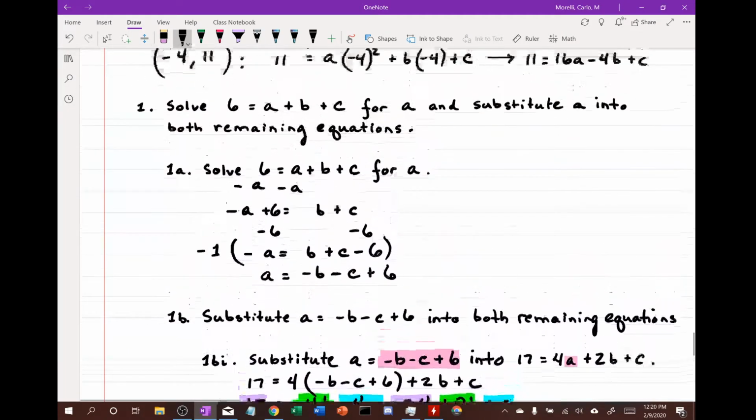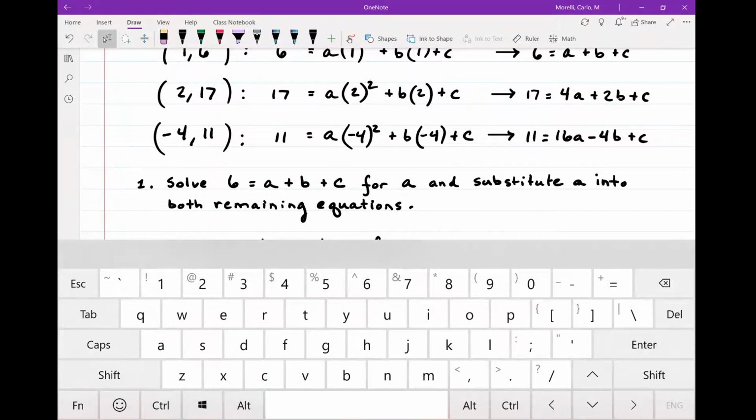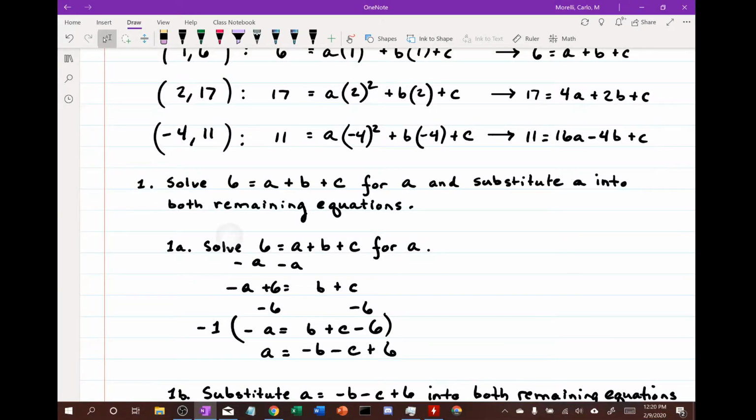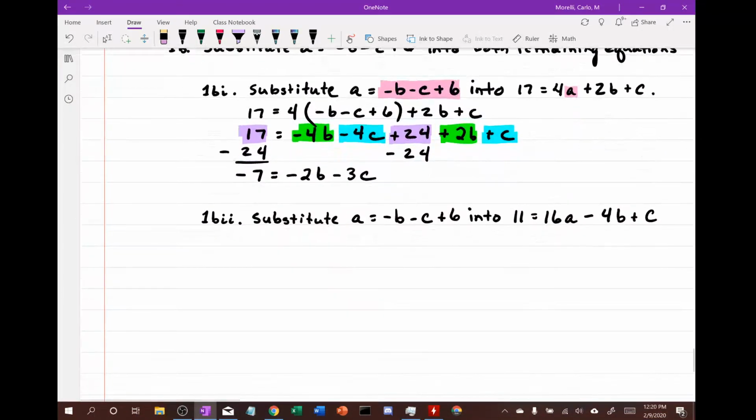Let's double check that. Okay. Good. So what I will do is write 11 equals 16, open parentheses.